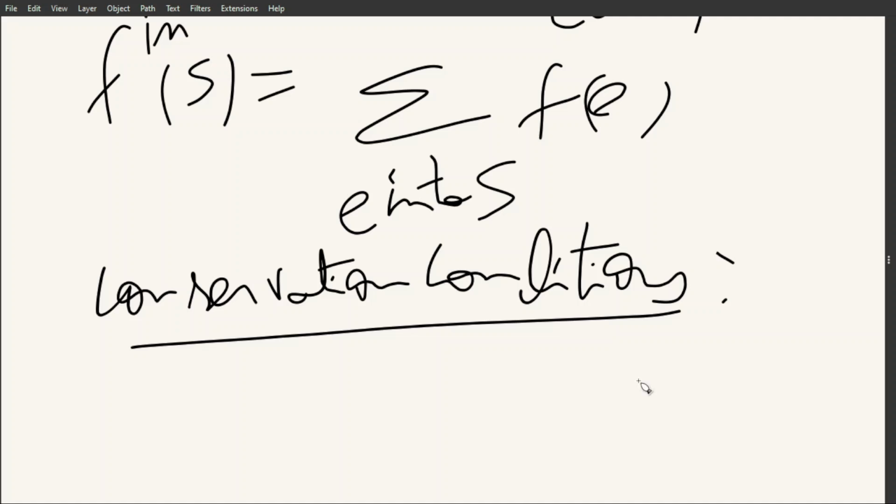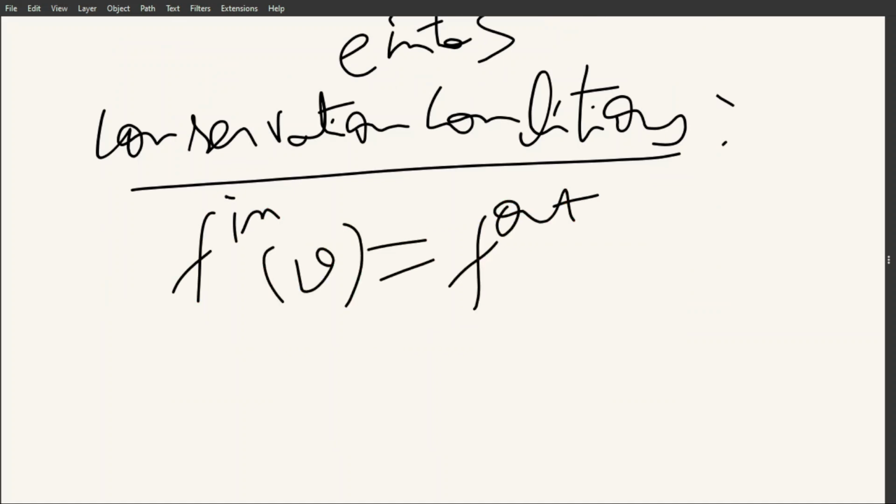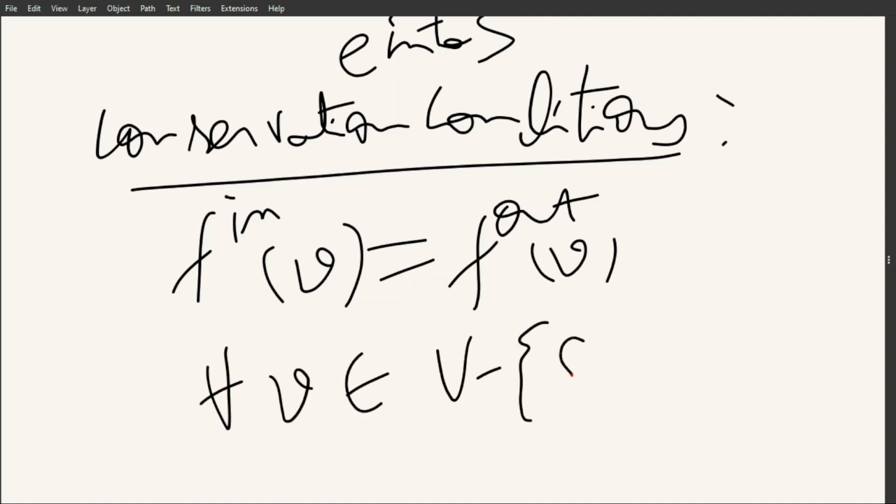Flow in should be equal to flow out. So F in of any vertex v should be the same as F out of v, for all v other than s and t, v minus {s, t}. This is the conservation condition.